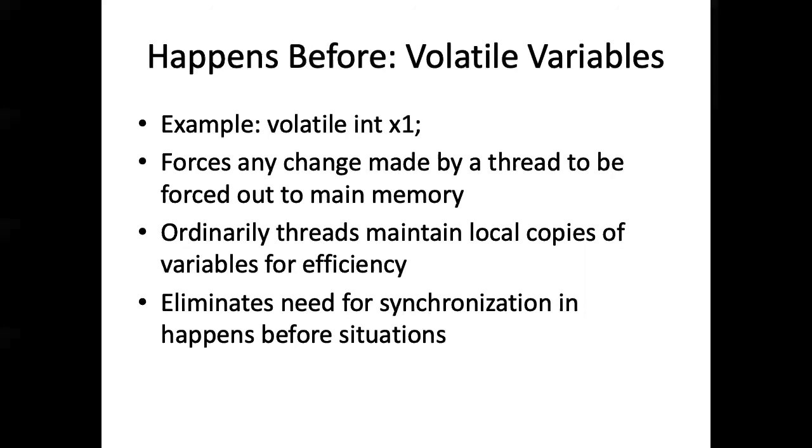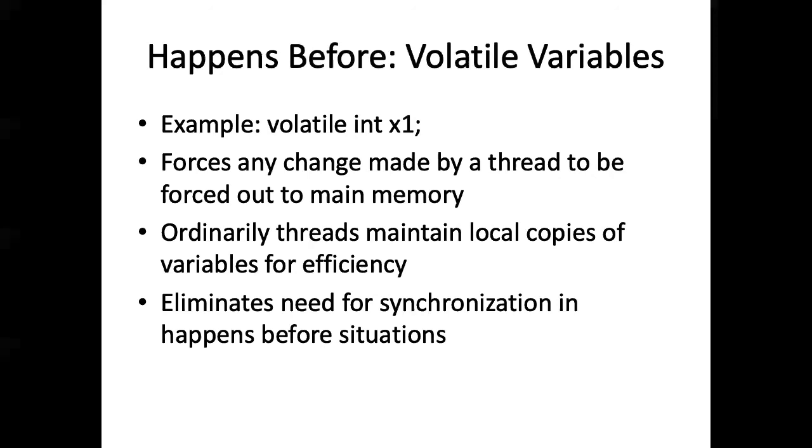But it can't control the order in which changes are made to that variable, or the order in which accesses are made to that variable. So if you want to control that, then you need to use fork or join or wait. And when I say fork, what I mean is the creation of a thread and calling its start method.